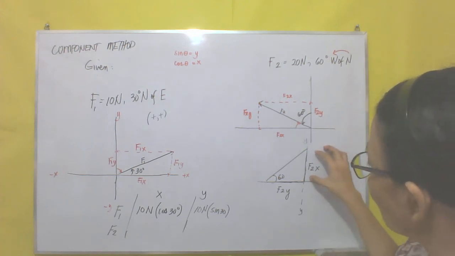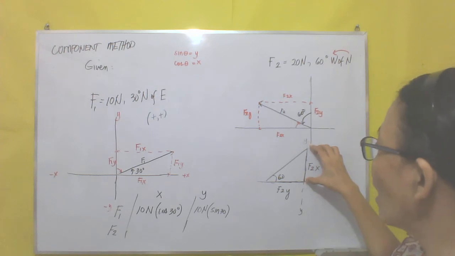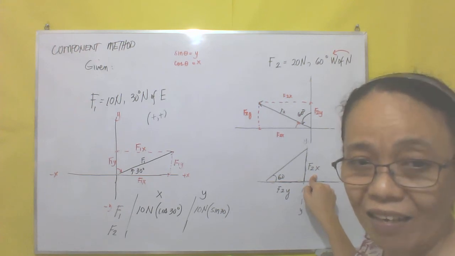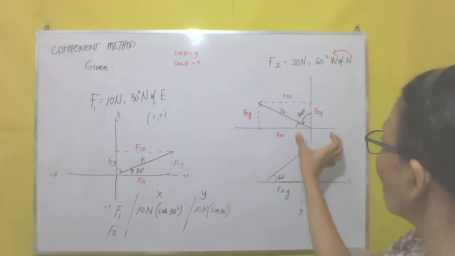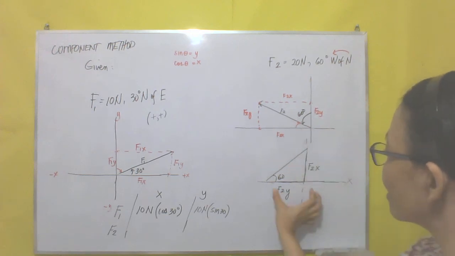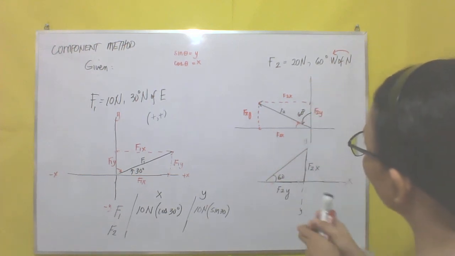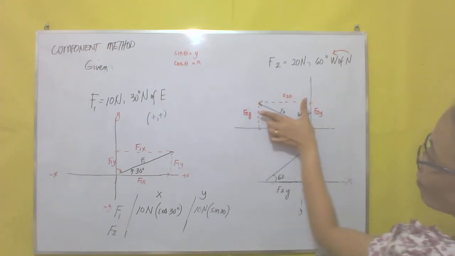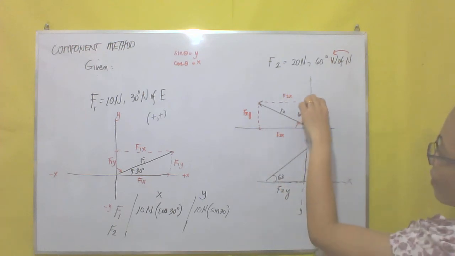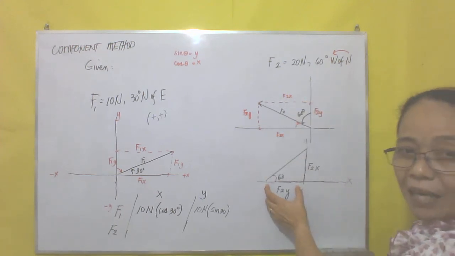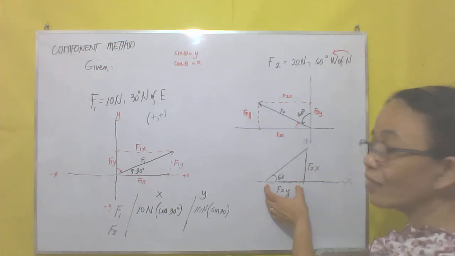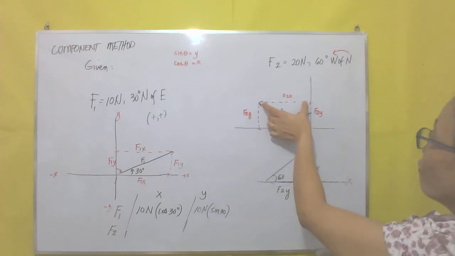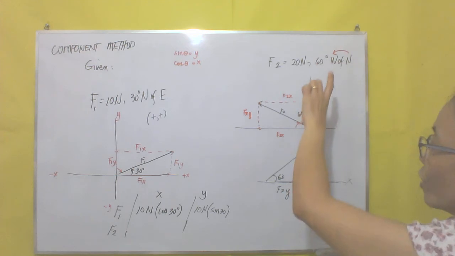Since F2x is now along the y-axis, F2x will take the sine function, and F2y becomes the adjacent side. If we twist this triangle in this way, this side becomes the adjacent side and lies on the x-axis, while F2x lies along the y-axis.